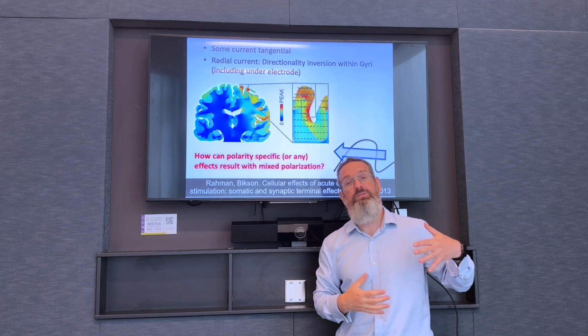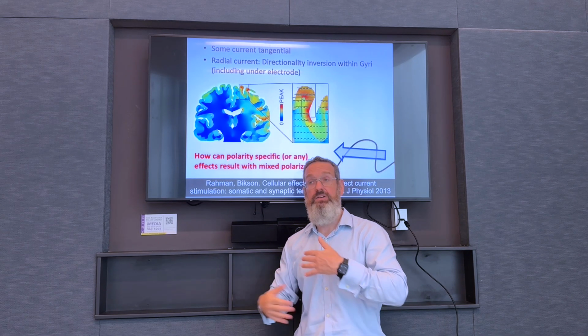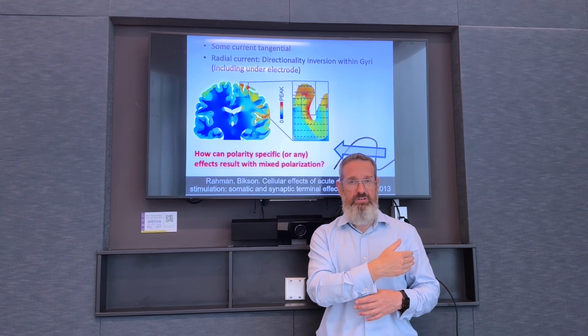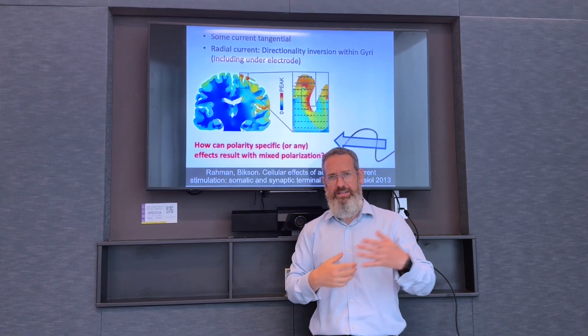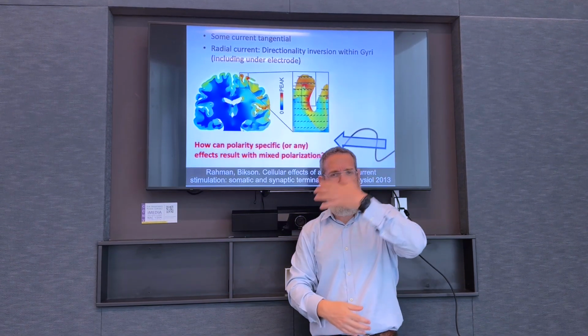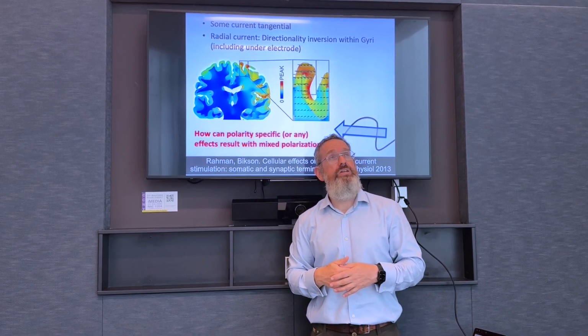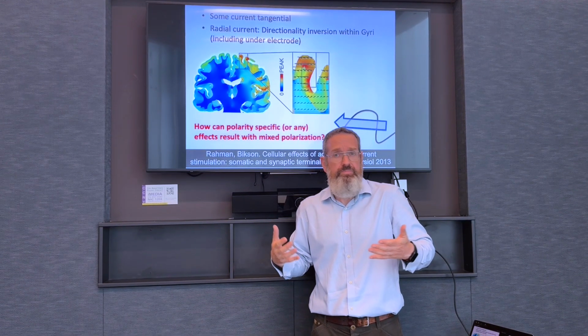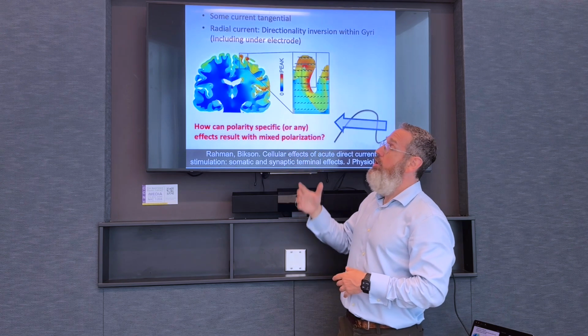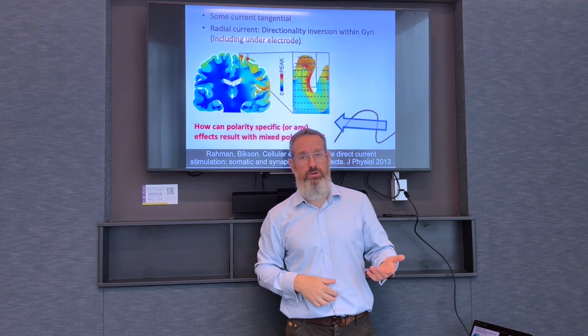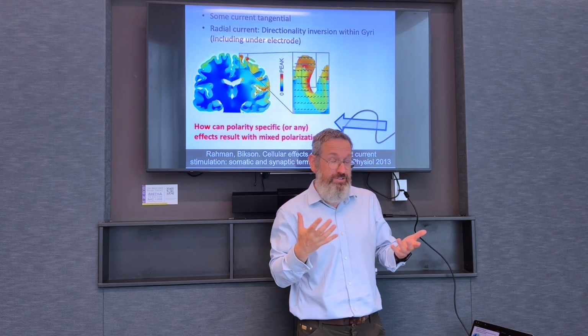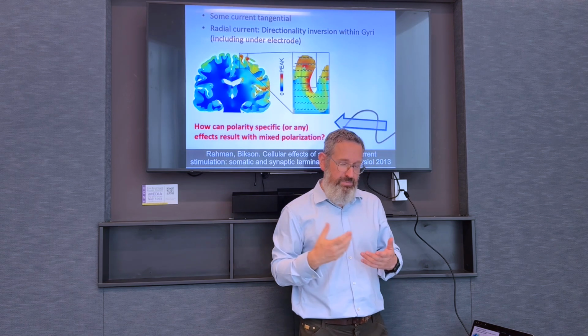I said current flowing in has maybe one kind of effect, current flowing out has another kind of effect. Well, now we have both. You have some in and some out, and some in and some out. And the question is, do they cancel each other out? Is it sort of a zero-sum game? Or is there still going to be an effect on brain function? And the answer is there still is going to be an effect on brain function.